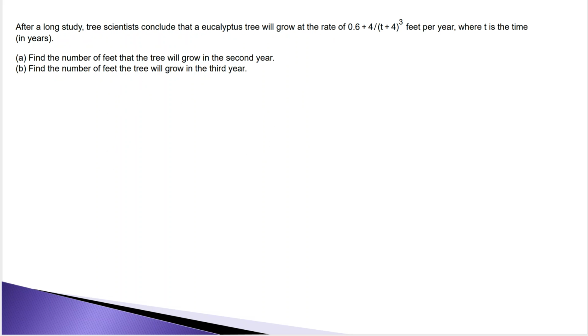It talks about a long study. Tree scientists conclude that a eucalyptus tree will grow at a rate of 0.06 plus 4 over (t plus 4) cubed feet per year. And then they say that t is the time in years. And then they want the total number of feet that the tree will grow in the second year, right here.